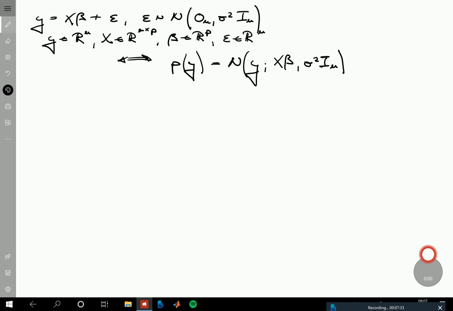Good. So let's have a look. Now I'm talking about the 2-dimensional case, so essentially 2 data points. So n would be 2.